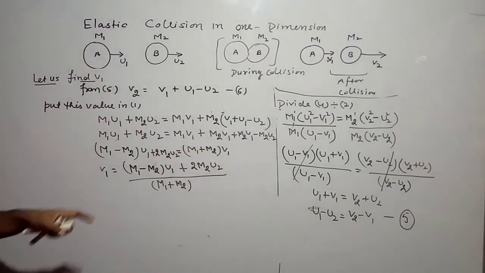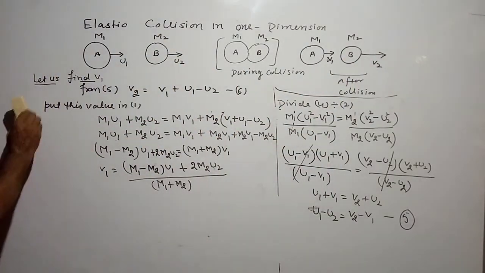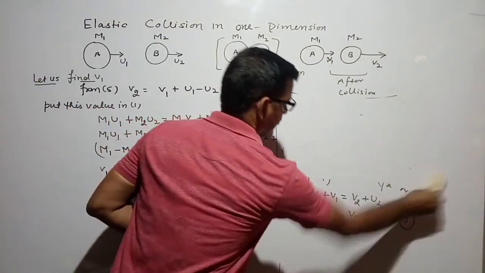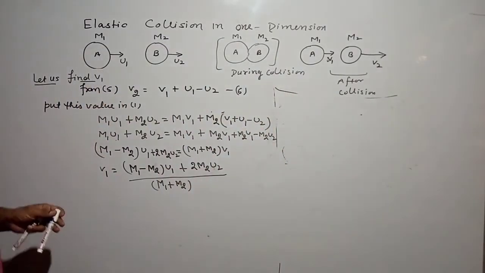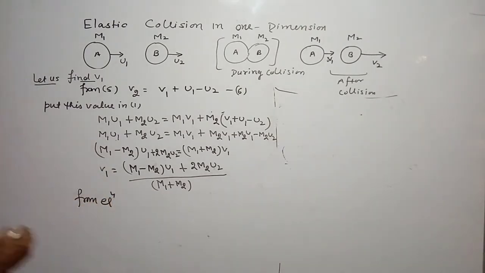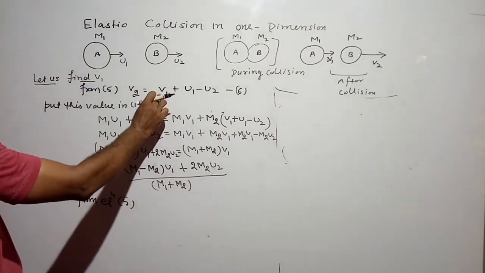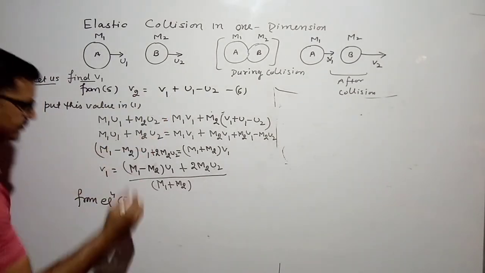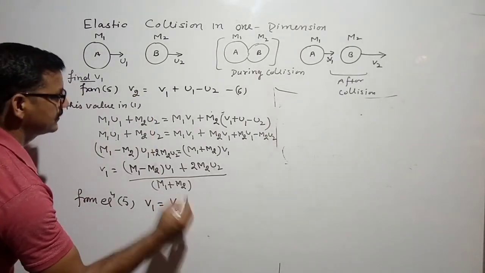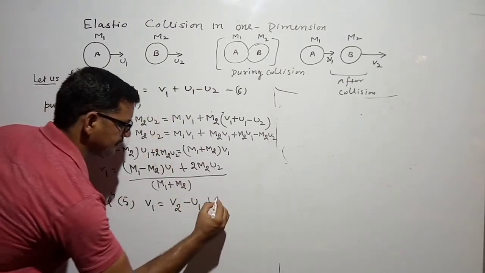In the same way, we can find the velocity of body B after collision. So let us find that. From equation 5, take the value of v1 from here. So v1 will be equal to v2, u1 goes to this side, it will become minus u1, minus is there, so it will become plus u2.